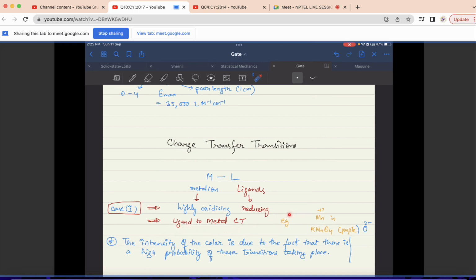And the example for that, as we have discussed, is KMnO4, where my O2 negative is highly reducing, and the intensity of the color is due to the fact that there is a high probability of this transition taking place.